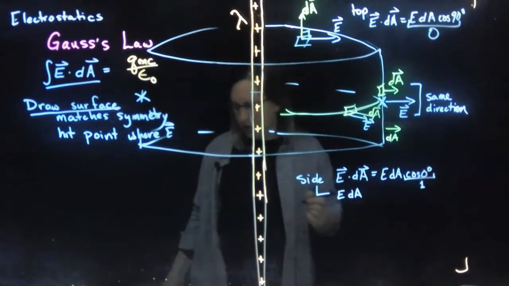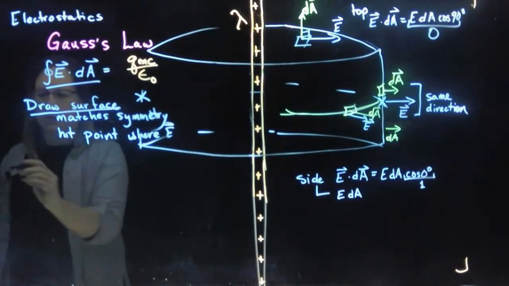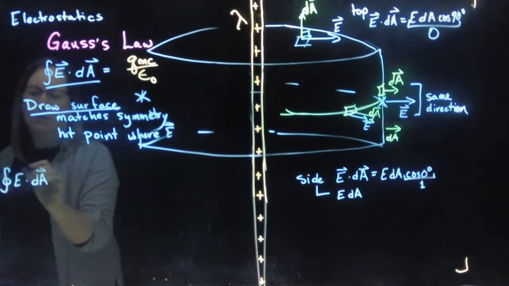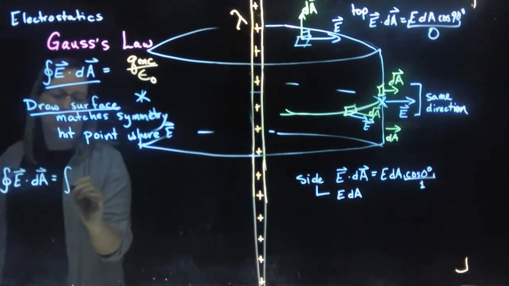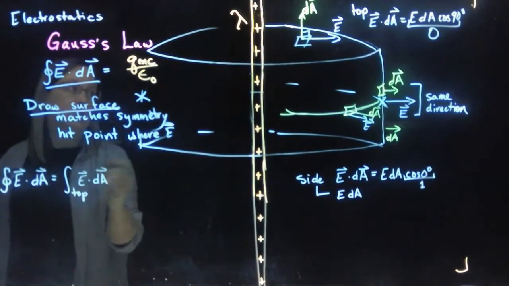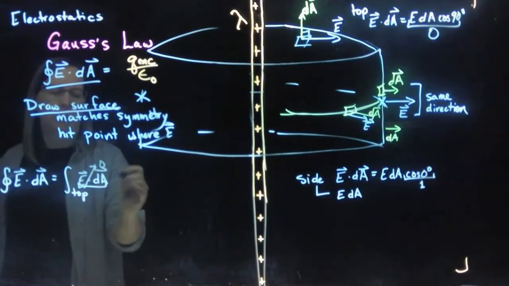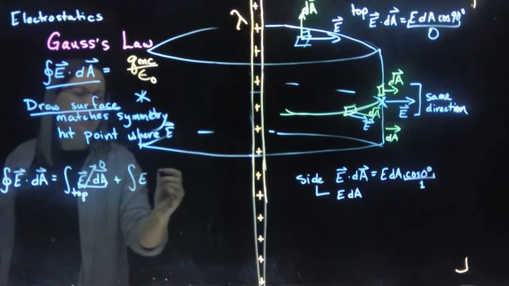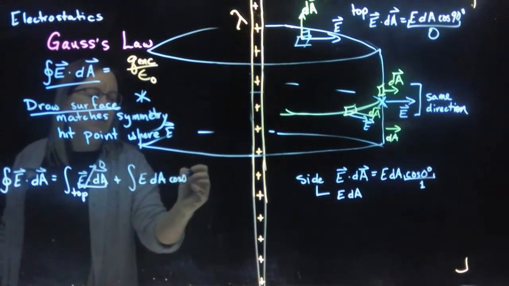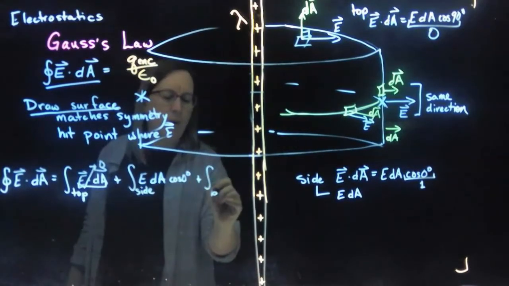So my integral that I'm going to do, and we write it with a closed loop to say we have to do the entire surface, this integral of E dot dA is equal to the integral over the top of E dot dA, which is 0. We don't even have to do the integral because this dot product, this inside thing, is 0. Plus the integral of E dot dA for the side, which we know is E times dA times cosine of 0 degrees, plus the integral on the bottom.